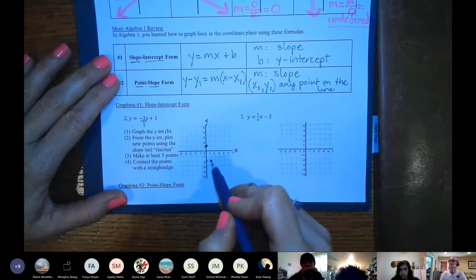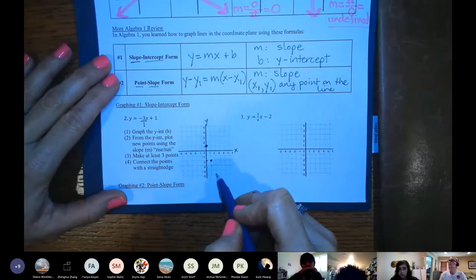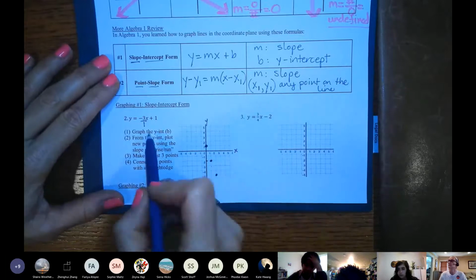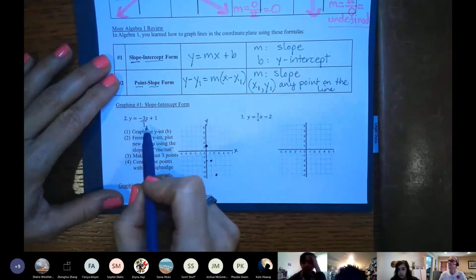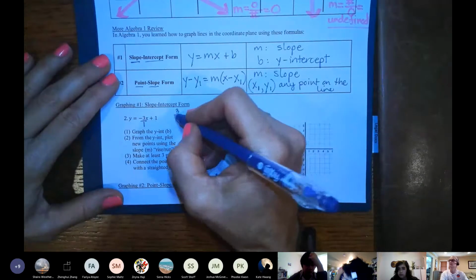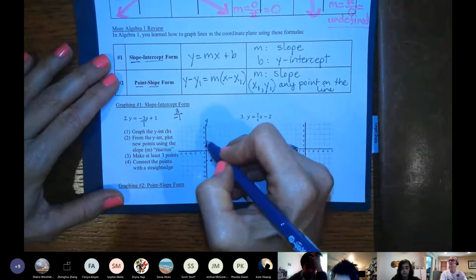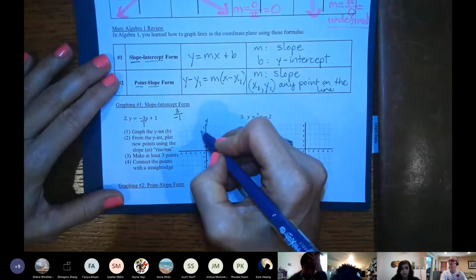You'll do it again from that point, 1, 2, 3, and then you'll go 1 positive. And the neat thing about the way you can graph these is you can also do +3 over -1. So from that point, you could go up 3, but then you would go back 1.